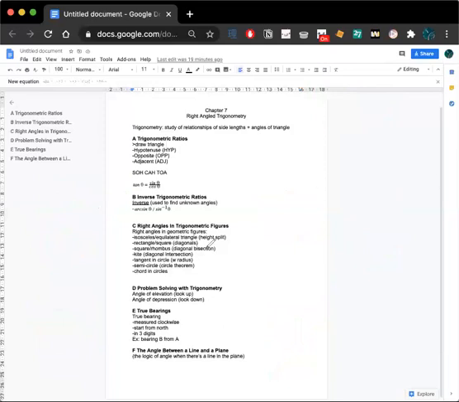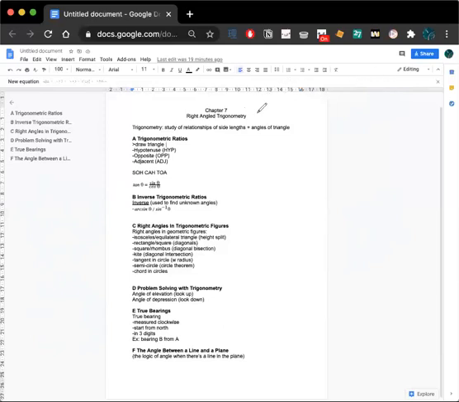Okay, so after we've covered this, now we have problem solving with trigonometry. One of the easy or common problem solving types you have in trigonometry is the angle of elevation or angle of depression.